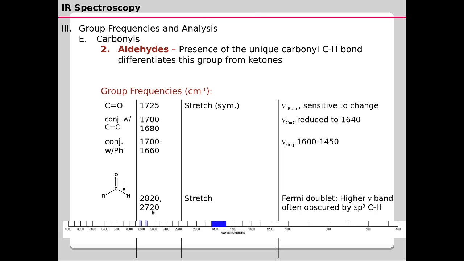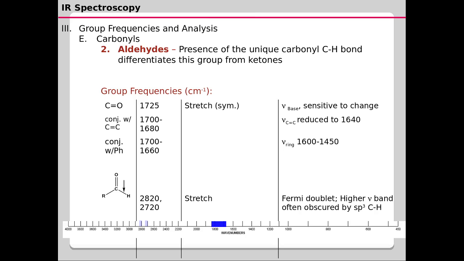Usually, for the stretching vibration of the carbon-hydrogen bond, we expect a single peak or single band in the IR spectrum, but rather we see two bands close to each other, resembling a doublet structure.